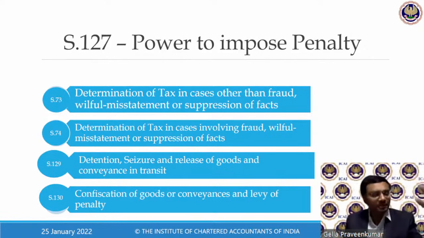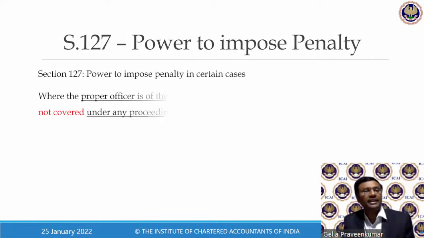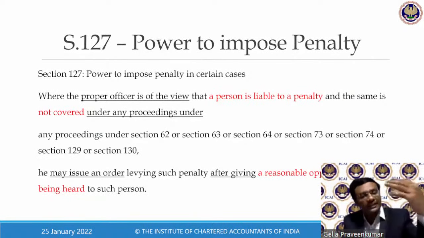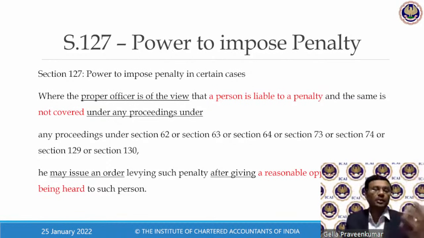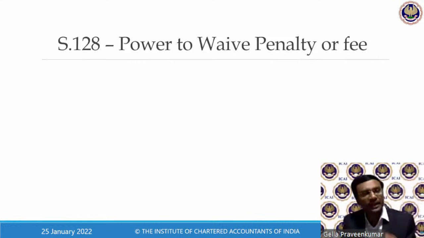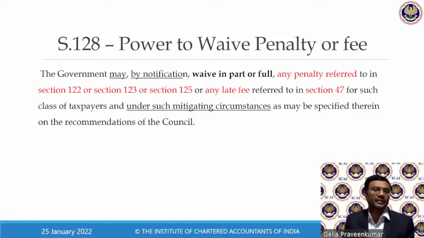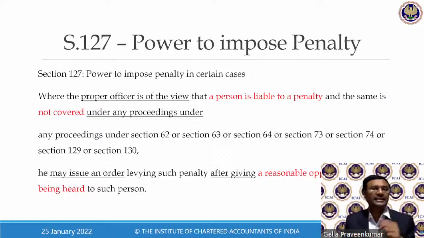But by chance, if the officer has forgotten, for any of these provisions, my 127 says the officer has a right to invoke these penal provisions. However, before recovering the penalty, an opportunity of being heard will be given to the assessee concerned. This is covered till my section 127. Before I go further, let me see if there are any questions so far.